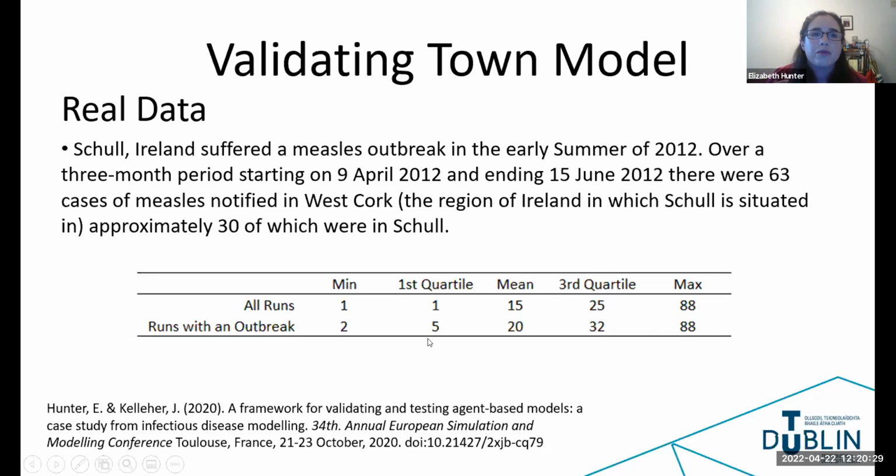So we think that within our outbreaks, the Skull outbreak, at least the number of infected, seems to occur within what we expect to happen in our model. We also compared things like ages of agents infected, and those match well with Skull, as well as cases per week. And so comparing to real data, we thought that we had a valid model.